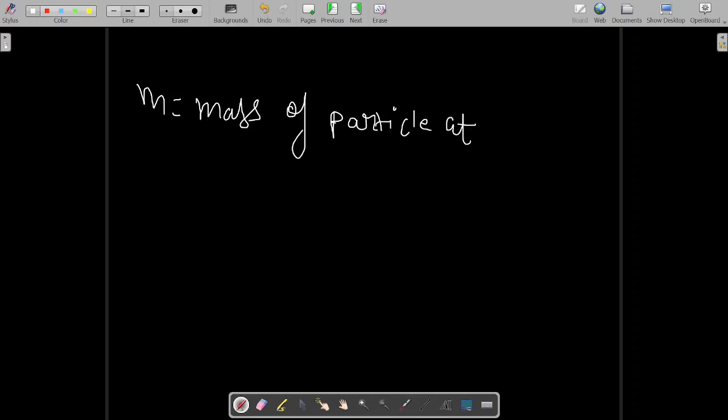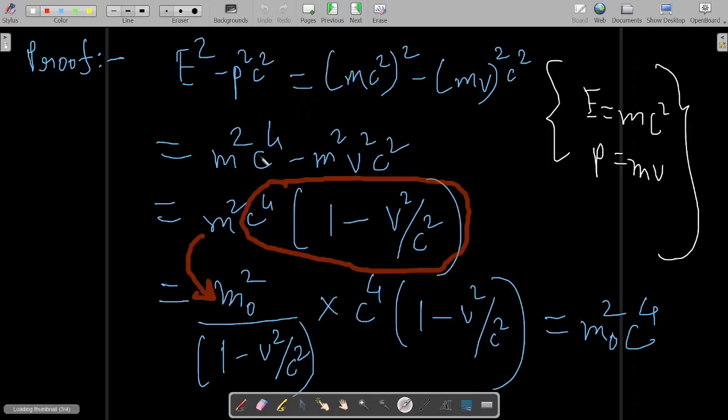According to Einstein's theory of relativity, the mass of the particle varies with velocity, where m0 is the rest mass of the particle.